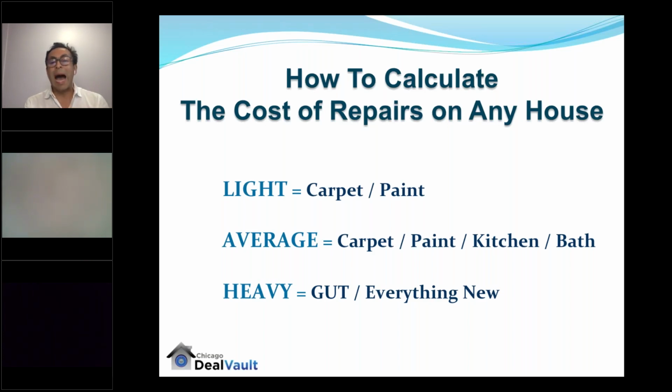The second one is average, where you're gonna do paint, carpet, kitchen, and baths, but these are upgrades, okay? For the kitchen and bathroom, it's sort of like an upgrade. And then the heavy one, it's like a gut rehab, where you're doing everything brand new, from flooring, HVAC, plumbing, electric, windows, roof, light fixtures, the entire thing.